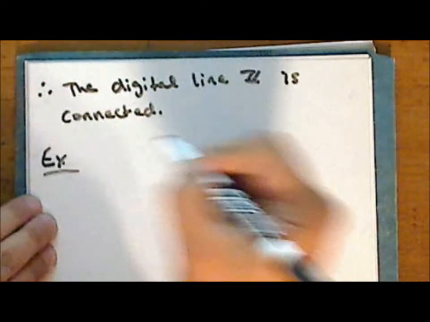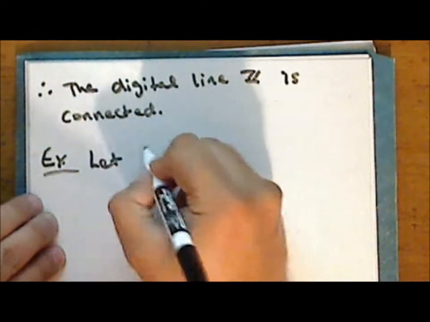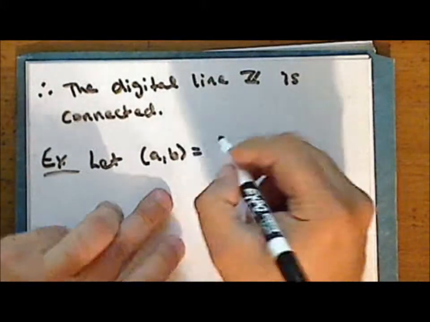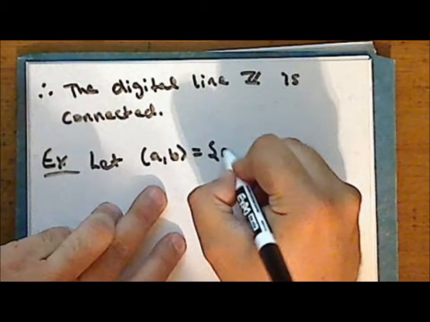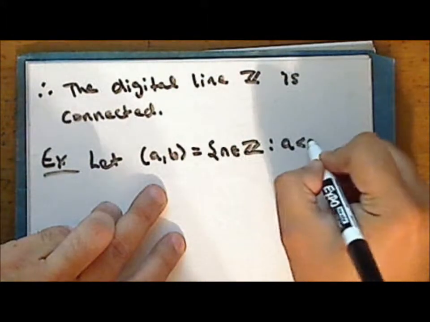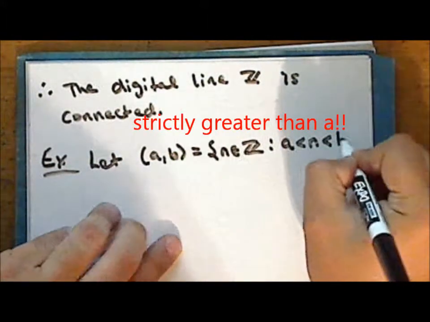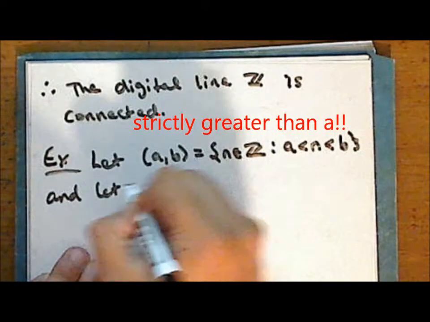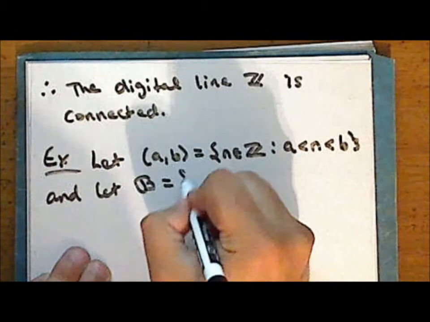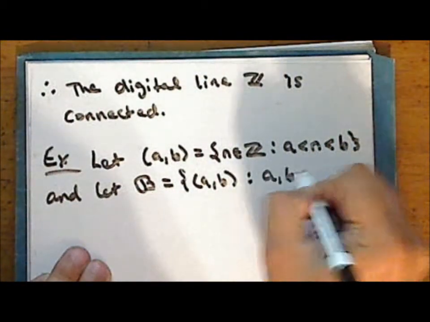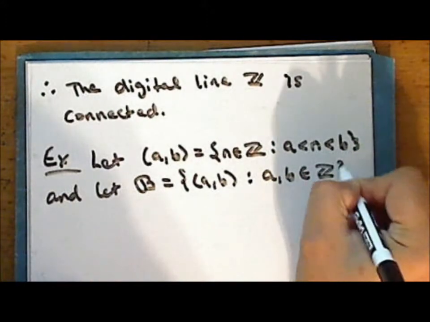So as an exercise, let the interval from A to B, or rather let this interval notation represent all integers n such that n is strictly less than A and strictly less than B. And let the set script B be the set of all such sets where A and B are integers.